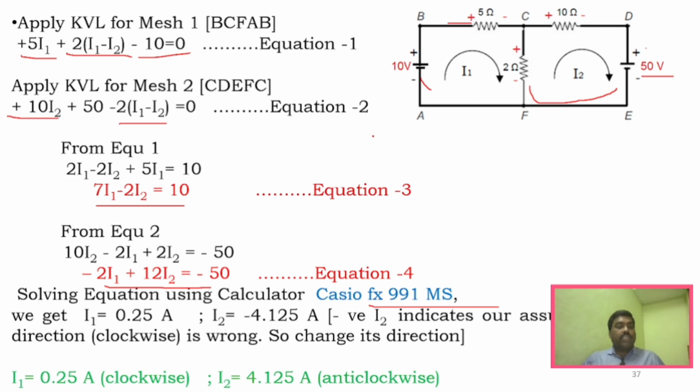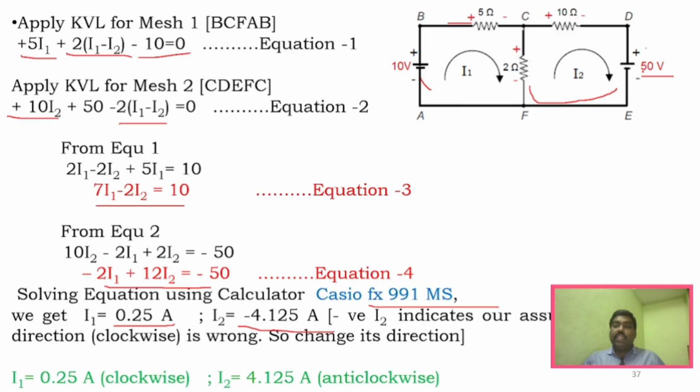So if you solve this expression, you will get I1 is equal to 0.25 and I2 is equal to minus 4.125, right? What to understand here is that we are considering all the meshes in the same direction, and that is why we are getting a minus sign.